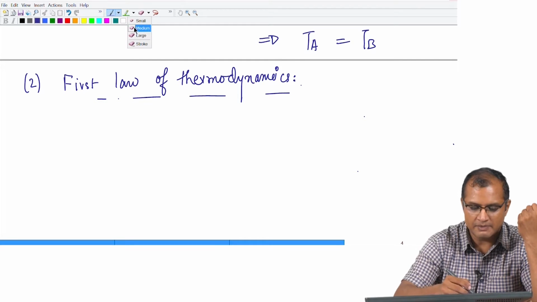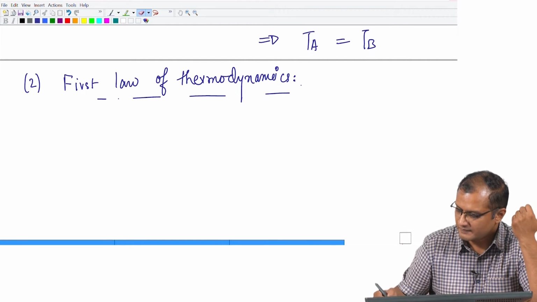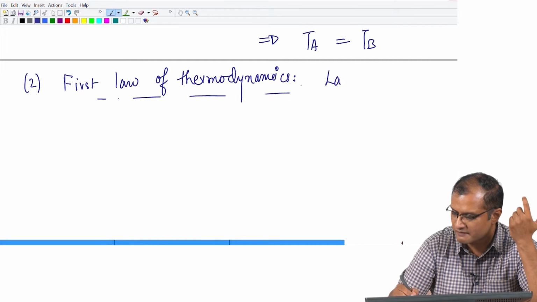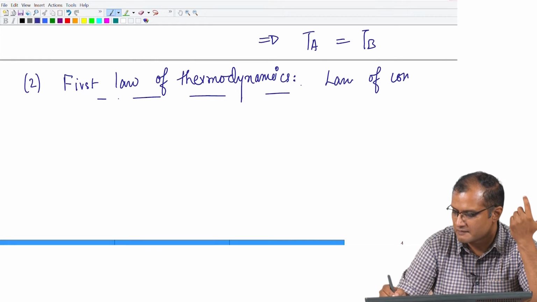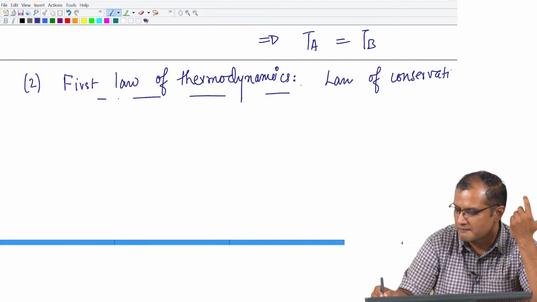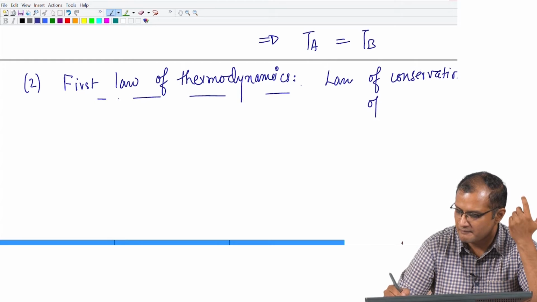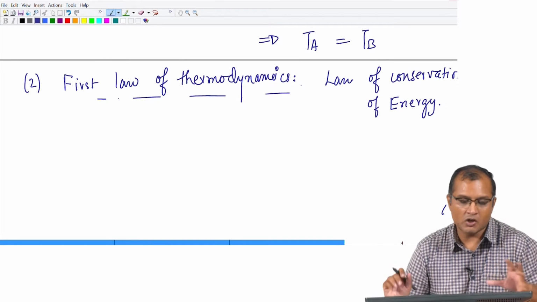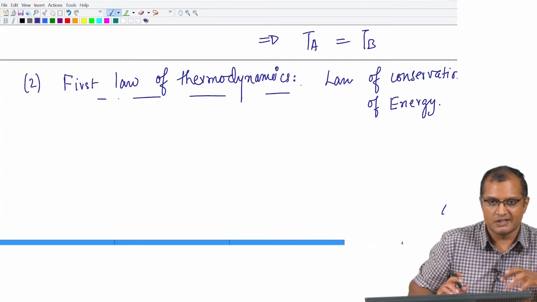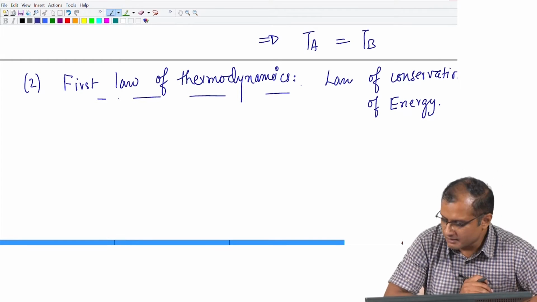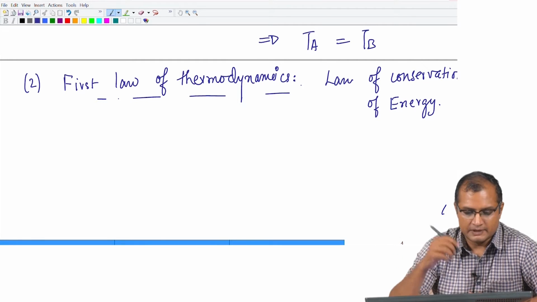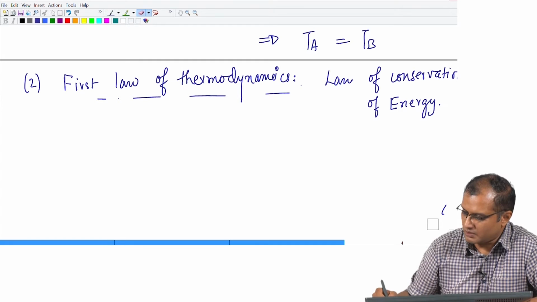So, you simply associate the first law of thermodynamics as a law of conservation of energy, or bookkeeping of energy. You simply account for each mode of energy injection and work done, and the first law of thermodynamics is nothing but a statement of energy conservation. So, we shall see what that means.